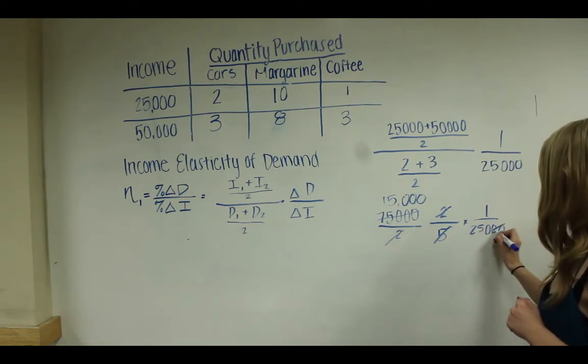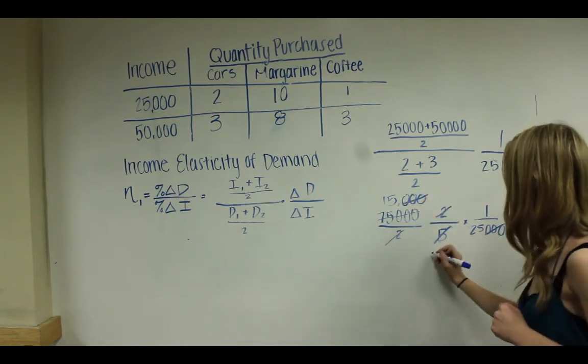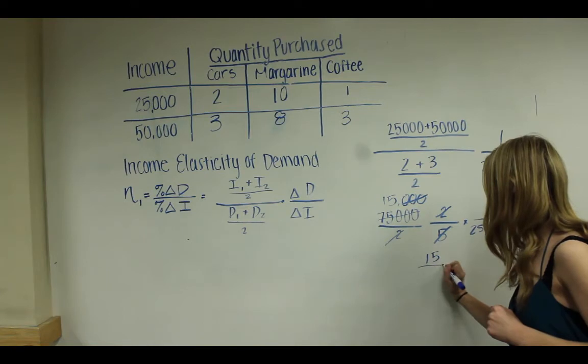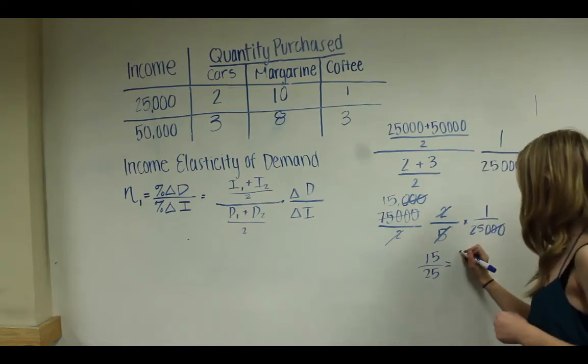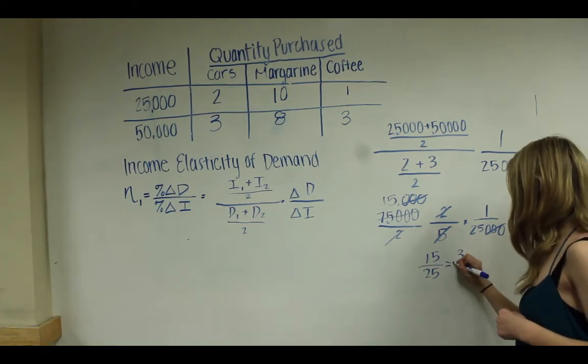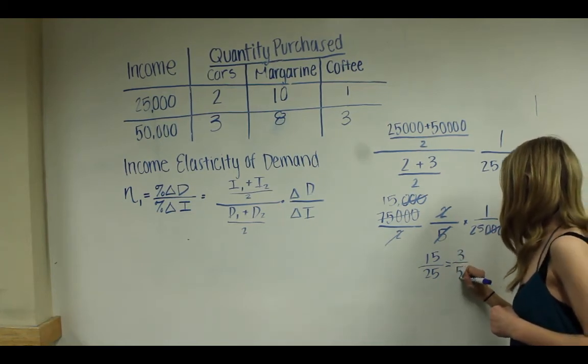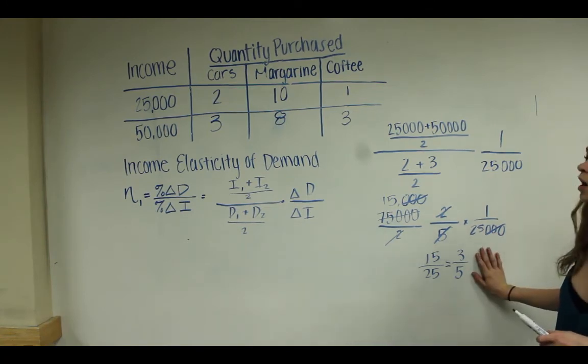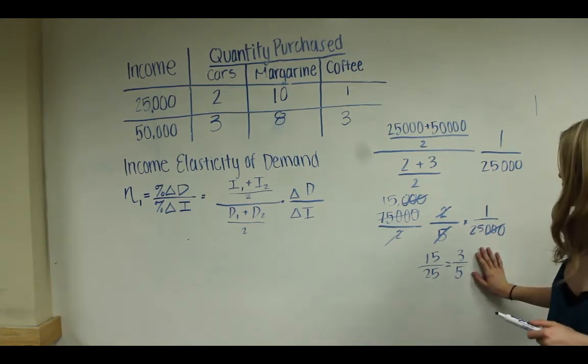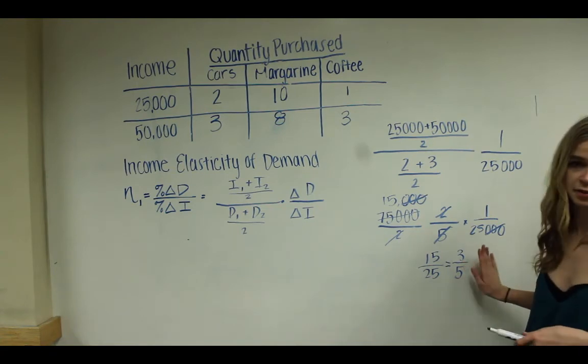So if we divide by 1,000, 15 over 25, or simplifying, 3 over 5. So this income elasticity of demand for cars is 3/5, positive 3/5.